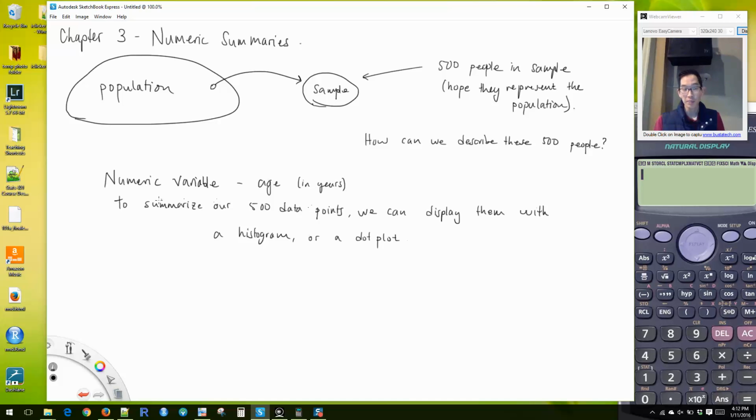Okay, so to summarize that, we can display it with a histogram or a dot plot. We can also summarize these 500 data points with just a few numbers, and that's the idea behind numeric summaries. So we can use numeric summaries to summarize the data values in our sample.